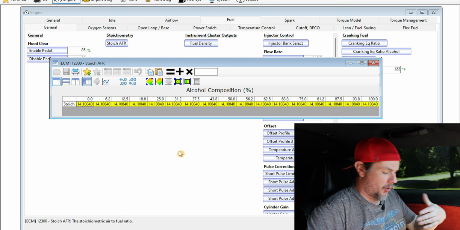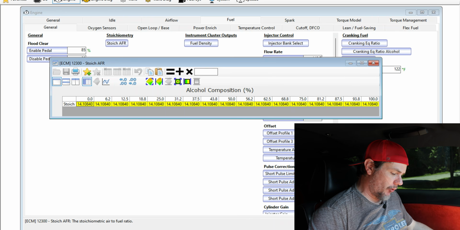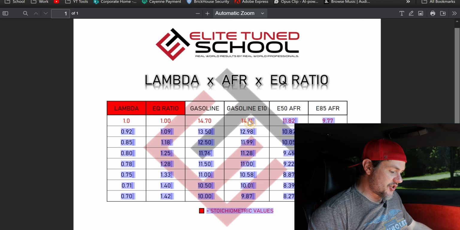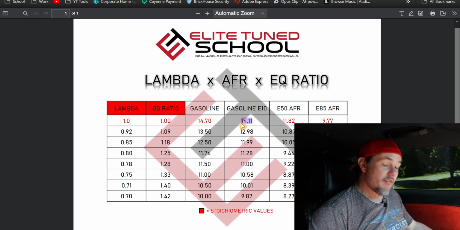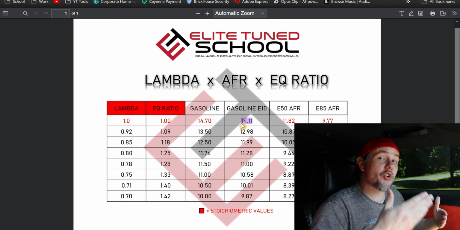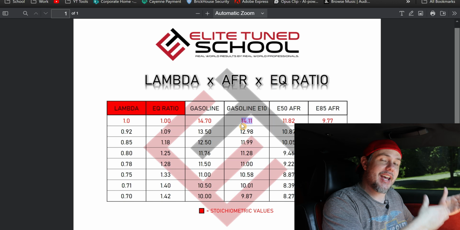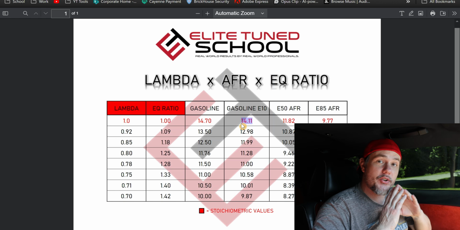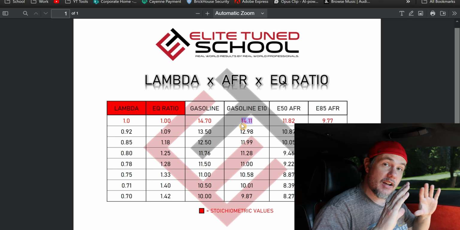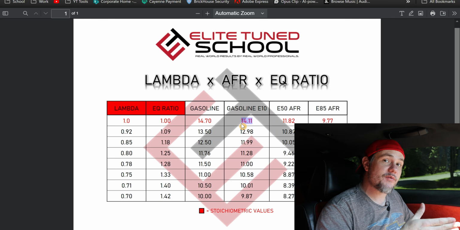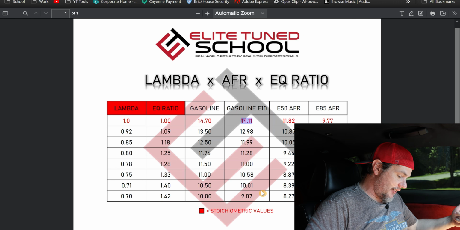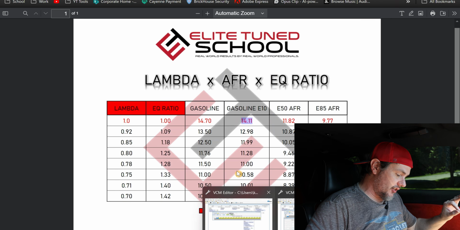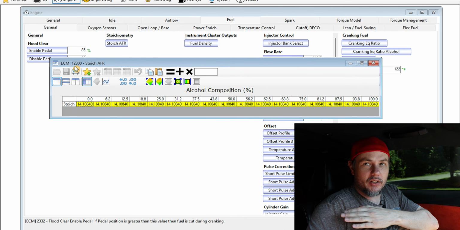It's 14.108, close enough to 14.11 that we'll consider it that. So Chevy is tuning for E10. They're assuming that you're going to get E10 at every gas pump you go to, so they're just going to say that the stoich value for this ECU is 14.1. Given that this is not a flex fuel vehicle, it is going to be 14.1 across the board.